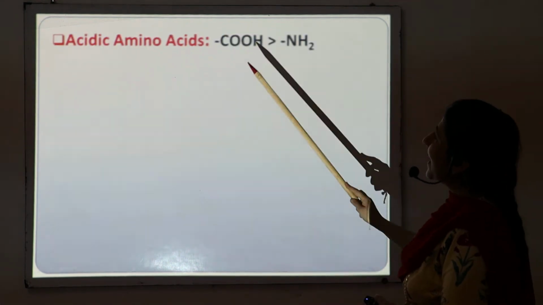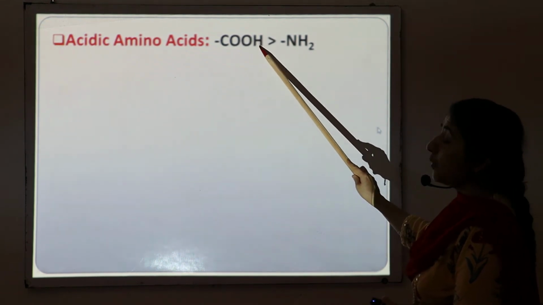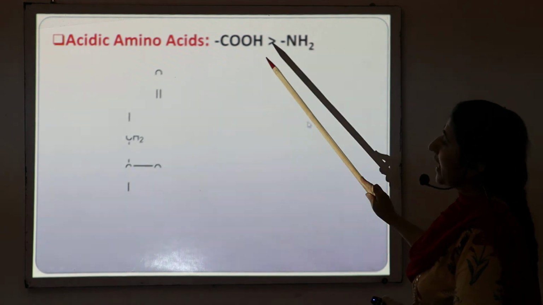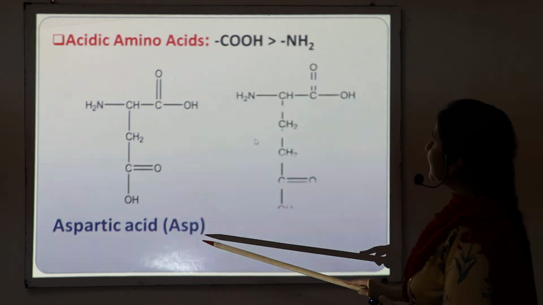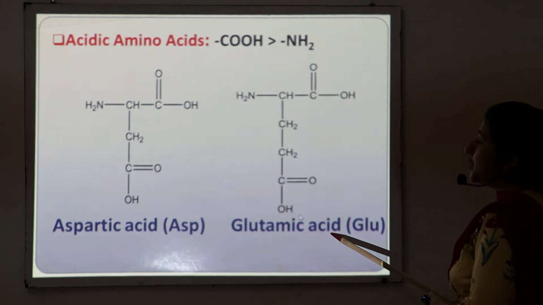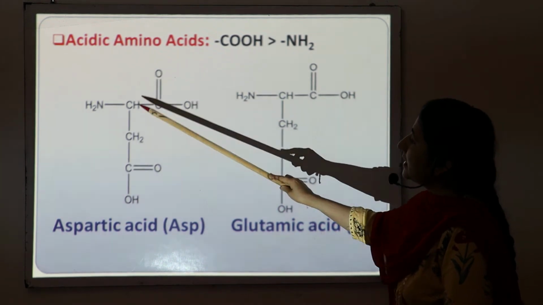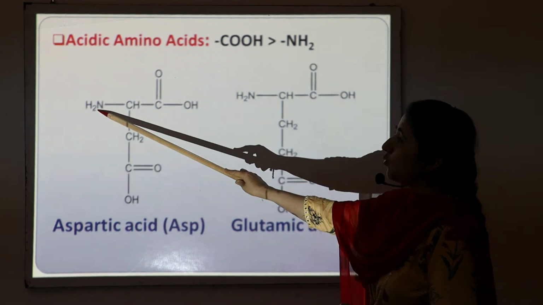The next one is acidic amino acids, in which the carboxylic groups are greater in number compared to the amino group. We have two examples: aspartic acid and glutamic acid. In this case, the number of carboxylic groups is 2, whereas the amino group is 1. Similarly, in glutamic acid, the number of carboxylic groups is 2, whereas the amino group is 1.